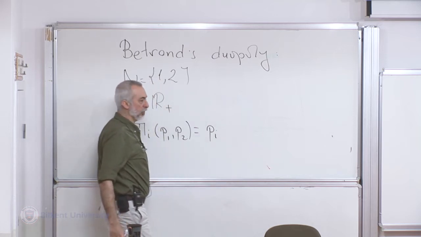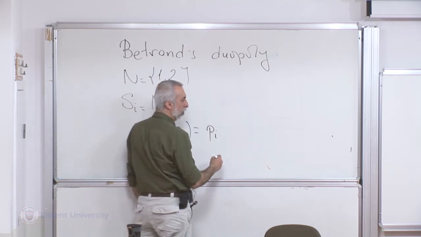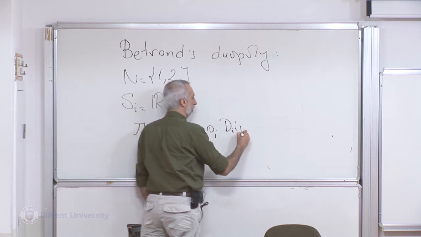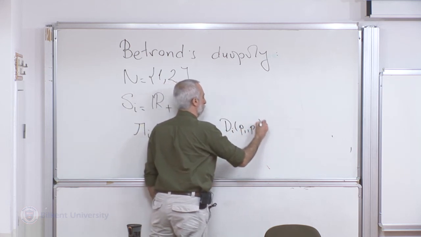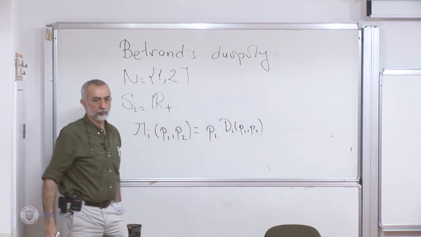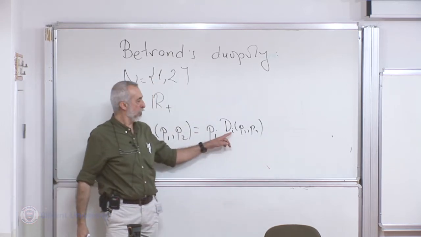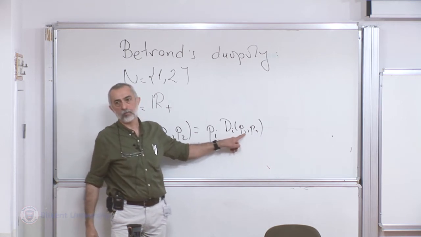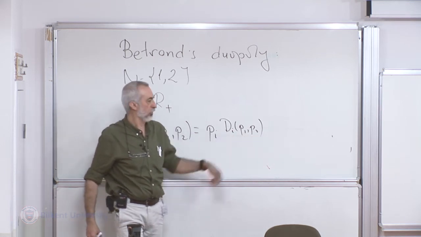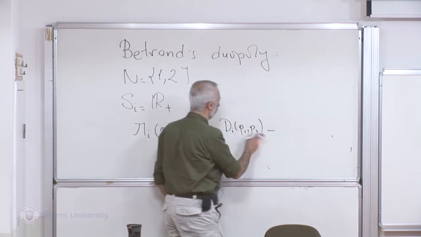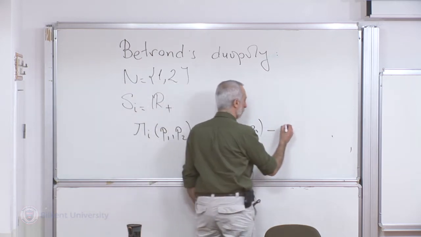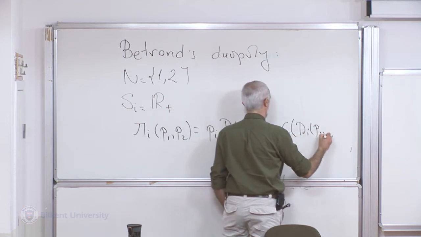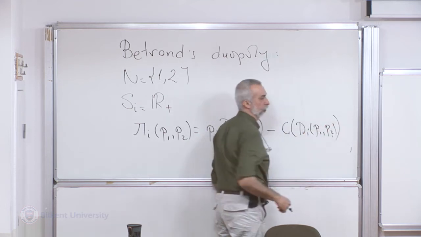How much does it sell? Well, the amount that is demanded from it. So let's write that d_i(p_1, p_2). This is the quantity of the good demanded from firm i, when firm 1 sets the price at p_1 and firm 2 sets the price at p_2, minus the cost of producing this quantity. So c of d_i(p_1, p_2).